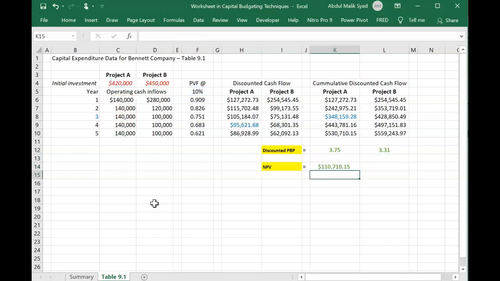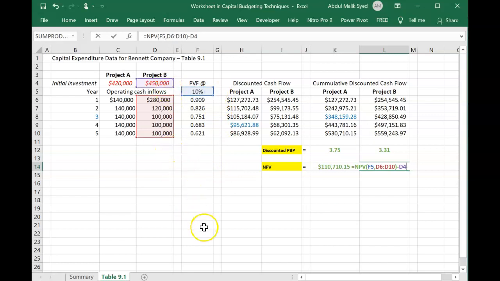This will give me the NPV for project A. Simply copy to the next cell with Control R to get project B, but make sure that this is correct. You see this is shifting here, so bring it back. So all are okay. NPV for project B is 109 and project A is 110.